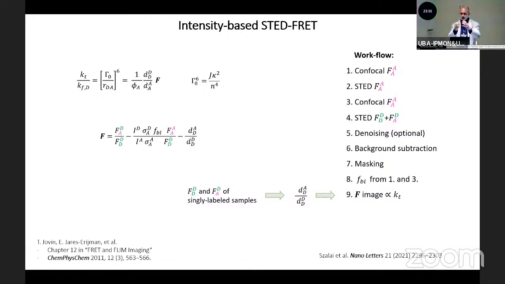But when you do STED in a sub-diffraction structure, in a protein assembly, you may have just a few molecules. And that means that when you measure in one spot and you move to the next one, the number of donors and the number of acceptors may be different statistically. And that will give you fluctuations of this F value that do not correspond to real FRET, but just to statistical variations of donor and acceptor number of molecules, okay? So you need to account for that.